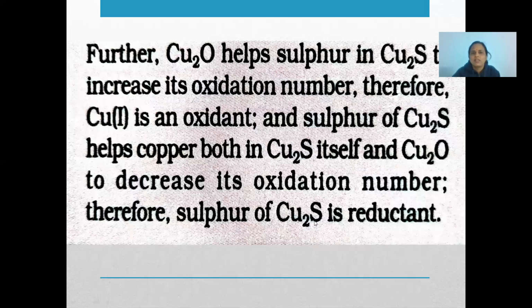Now Cu2O helps sulfur in Cu2S to increase its oxidation number. Therefore, copper in +1 state acts as an oxidant, and sulfur of Cu2S helps copper, both in Cu2S itself and Cu2O, to decrease its oxidation number. Therefore, sulfur of Cu2S acts as a reductant.